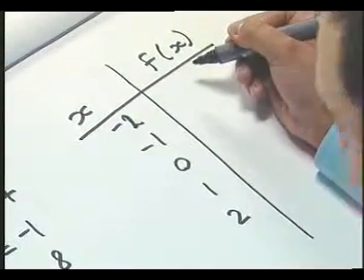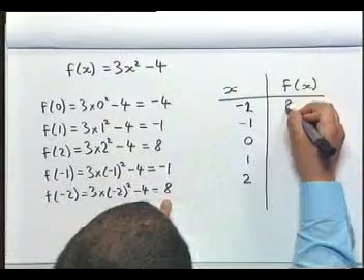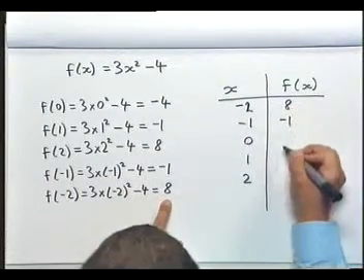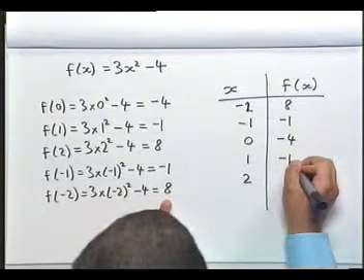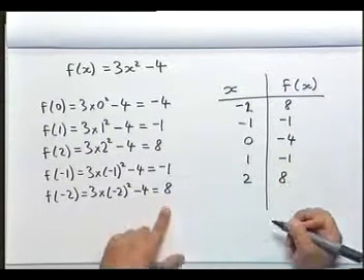And the corresponding outputs are 8, minus 1, minus 4, minus 1, and 8. And we can use this, as I said, to help us plot the graph of the function.